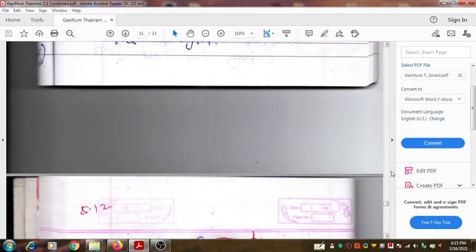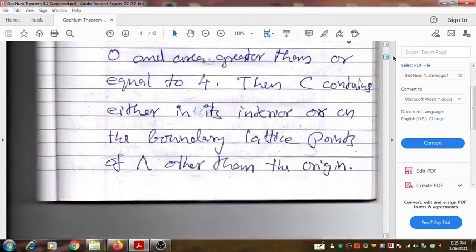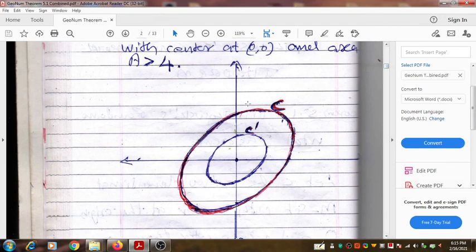We are not sure about that, we just assume it. But surely there is one lattice point, the origin, because it is the center. We assume that it contains no other lattice point.